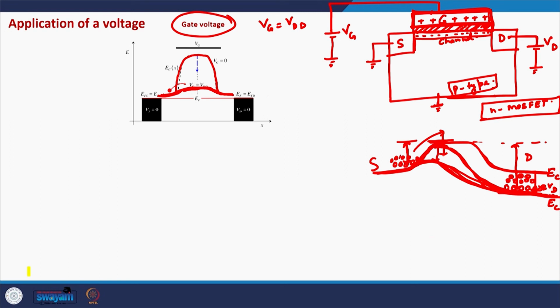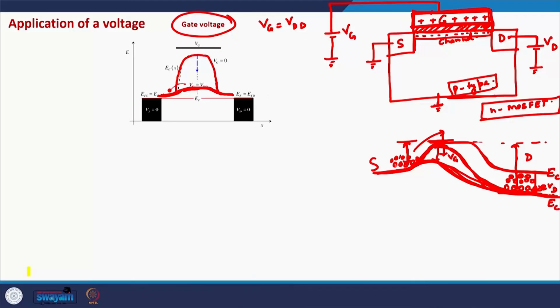Now, if this positive gate voltage is there, it will be more probable for electrons sitting on the source side to cross the barrier and go to the drain side, because now the barrier is less.